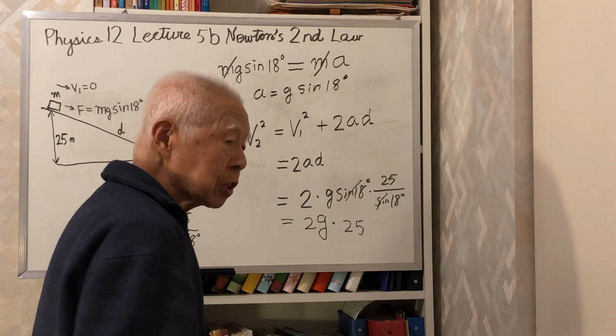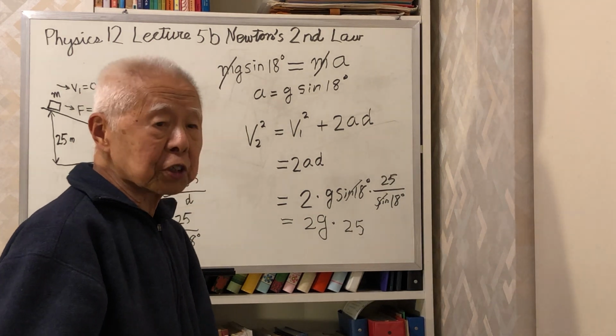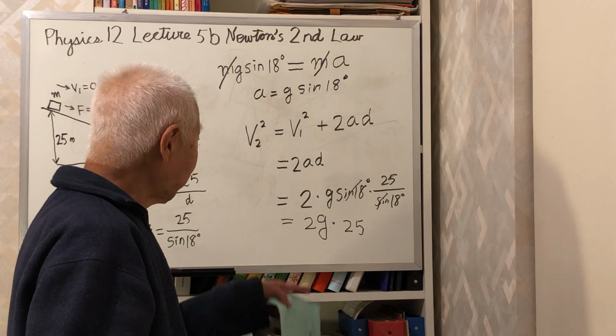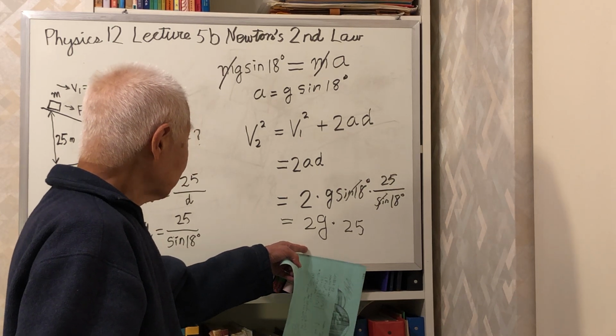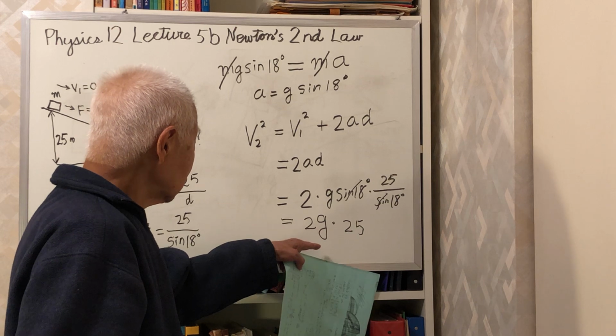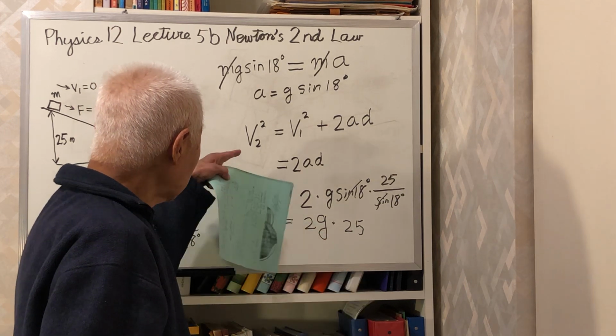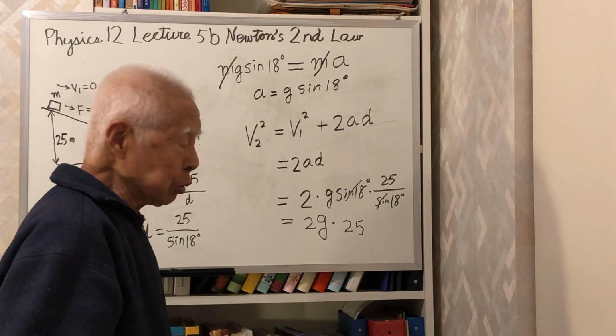Now it's so simple. Just use a calculator. G is 9.8. So you multiply 2, 9.8, and 25. After that, you take the square root and you get V2.